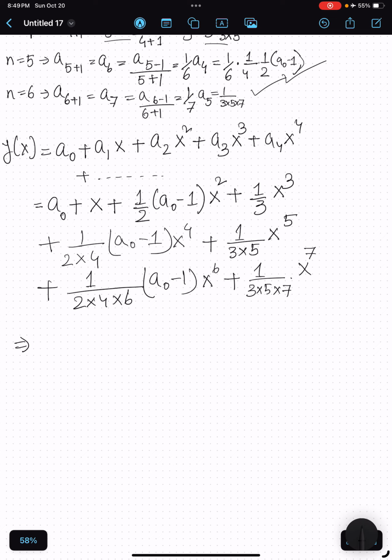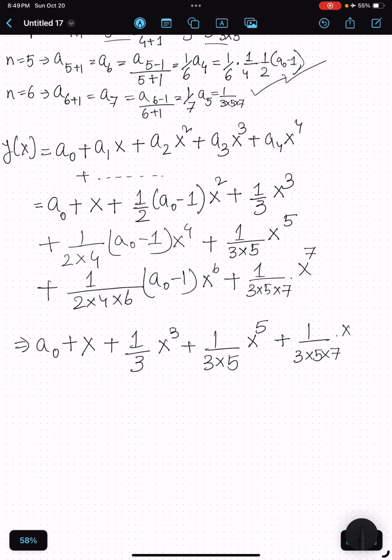So I have my a sub 0 plus x plus 1 by 3 x to the power 3 plus 1 by 3 times 5 x to the power 5 plus 1 by 3 times 5 times 7 times x to the power 7. I can write that so on, and then plus, let's not forget our even terms.